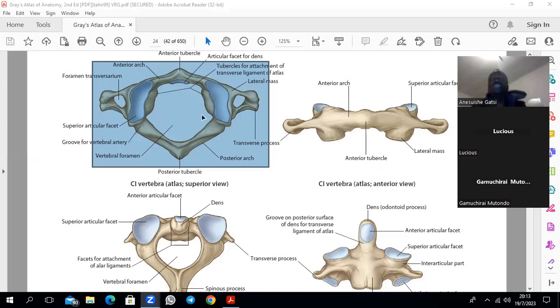Yes. Great. So we have cervical vertebra, like I was saying. And cervical vertebra are 7 in number. And to make it easy for you, you first describe what we call a typical vertebra.